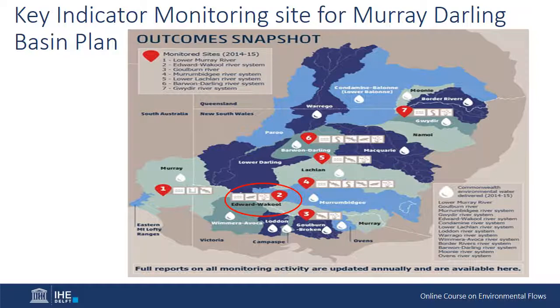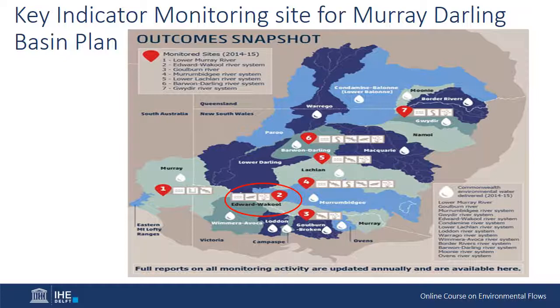The objectives of LTIM are: number 1, to evaluate the contribution of Commonwealth environmental watering to the objectives of the Murray-Darling Basin Authority's environmental watering plan, as discussed in Unit 13. Number 2, to evaluate the ecological outcomes of Commonwealth environmental watering in each of the 7 selected areas.